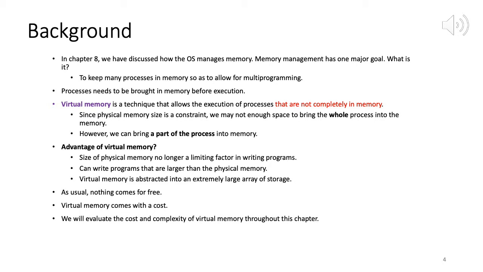So here what we are saying is the main memory is the real one, the RAM one, and the other one is the virtual. Okay. So now what we are saying is virtual memory is a technique that allows the execution of processes that are not completely in memory.